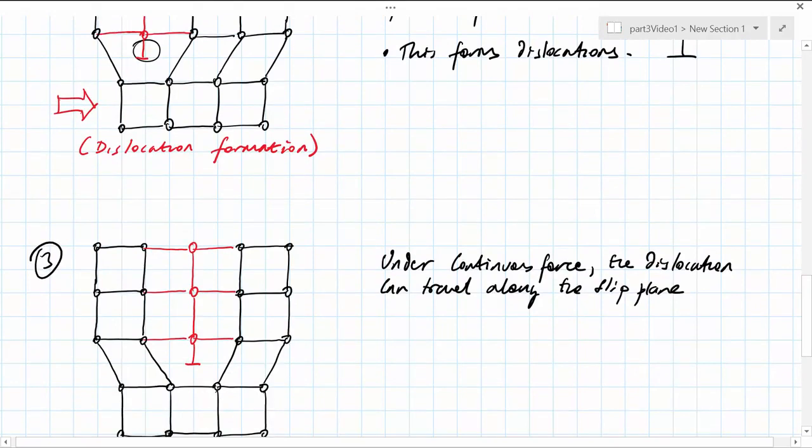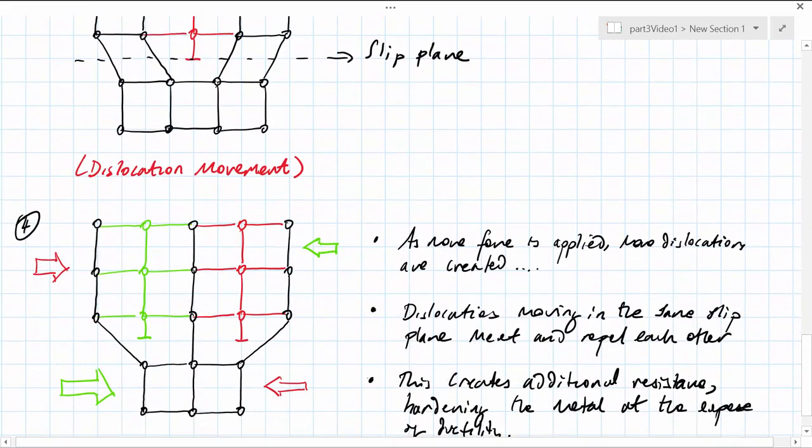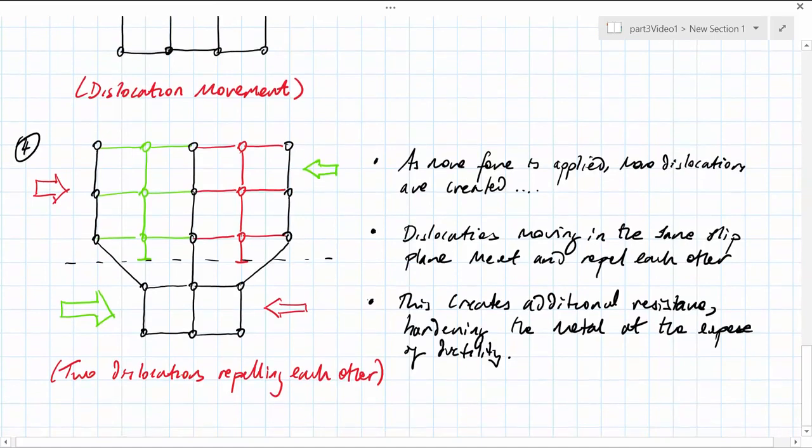This plane is called the slip plane. As more force is applied, additional dislocations are created, and these are shown in green. Dislocations moving in the same slip plane will meet and repel each other. This creates additional resistance in the crystalline lattice, hardening the metal and causing a reduction in ductility.